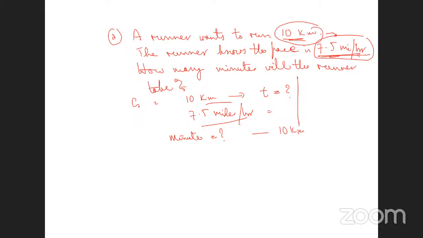They have given 1 mile equals 1760 yards, and then they have also given 1 meter as 1.094 yards.